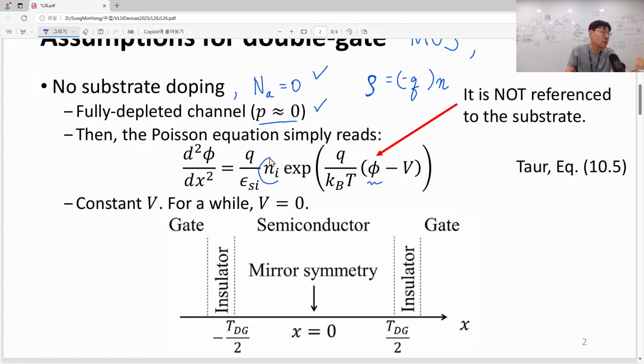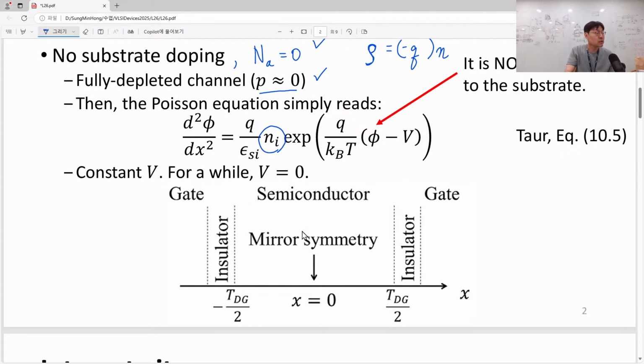That's the reason why here we have an i. And here we have, of course, the electron quasi-Fermi potential, corresponding to this quantity. However, in this discussion, we will just treat it as 0. Of course, when we go to the MOS field effect transistor, then depending on the position, we can have a position-dependent electron quasi-Fermi potential, but currently we are just considering the MOS system, so it's okay.